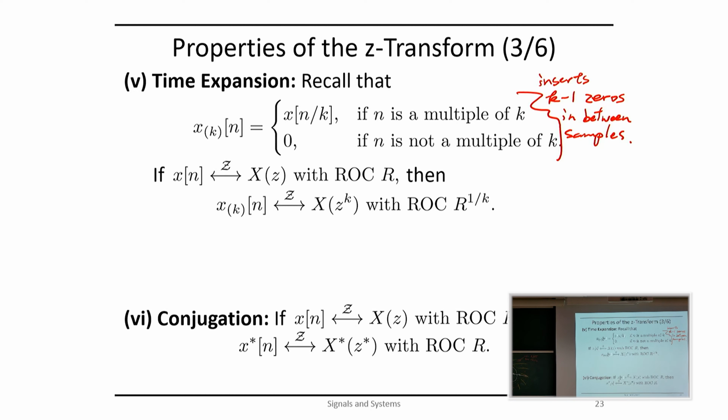By the definition of the Z transform, you take the summation of x sub k of n times z to the minus n. Now this signal is non-zero only for n that is a multiple of k.